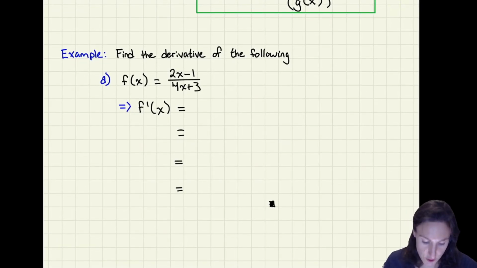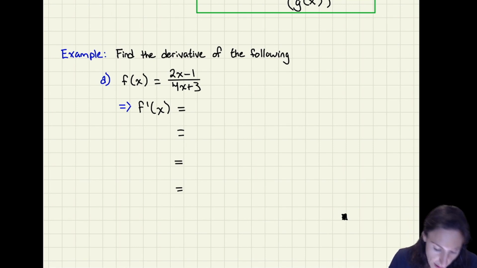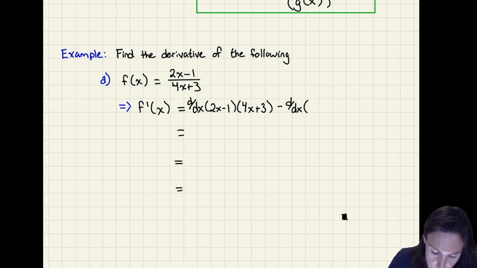So let's do a few examples here. And I'm going to write out the equation or the rule first, okay? So f prime of x is going to be the derivative of the top, so d dx of 2x minus 1 times the bottom, minus the derivative of the bottom, so d dx of 4x plus 3 times the top, 2x minus 1.